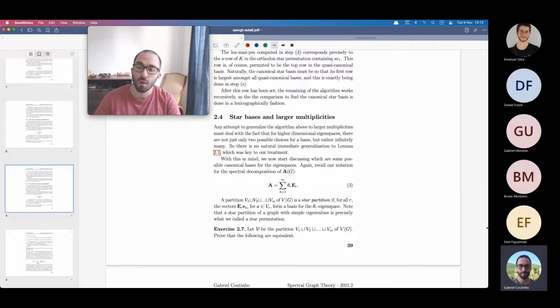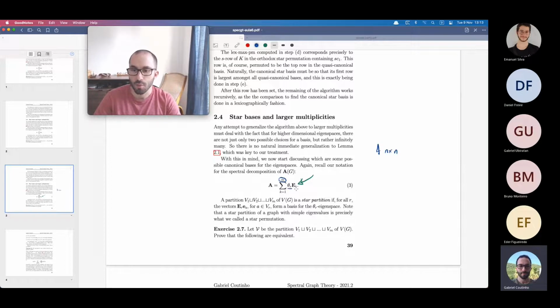So this will be, in today's class, our notation for the spectral decomposition of the adjacency matrix. I will be assuming A is n by n, but I have m distinct eigenvalues. They are indexed from 1 to m.